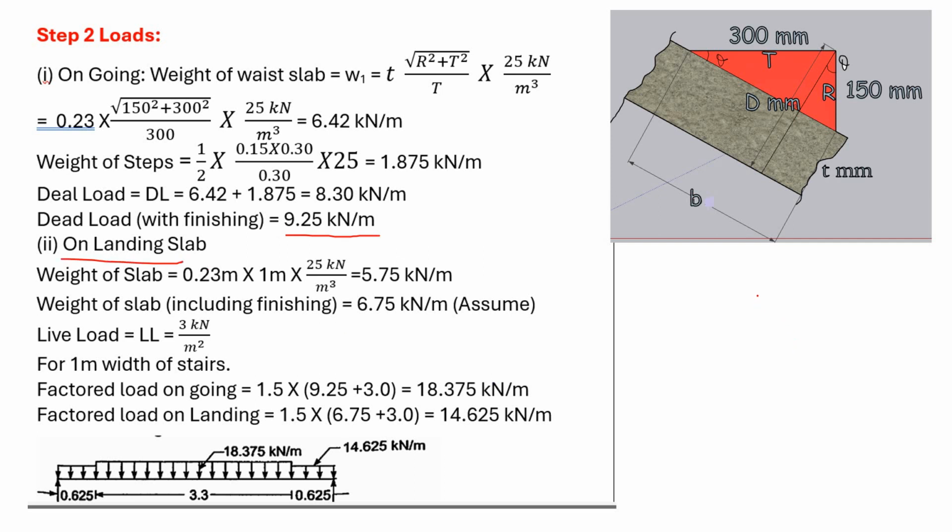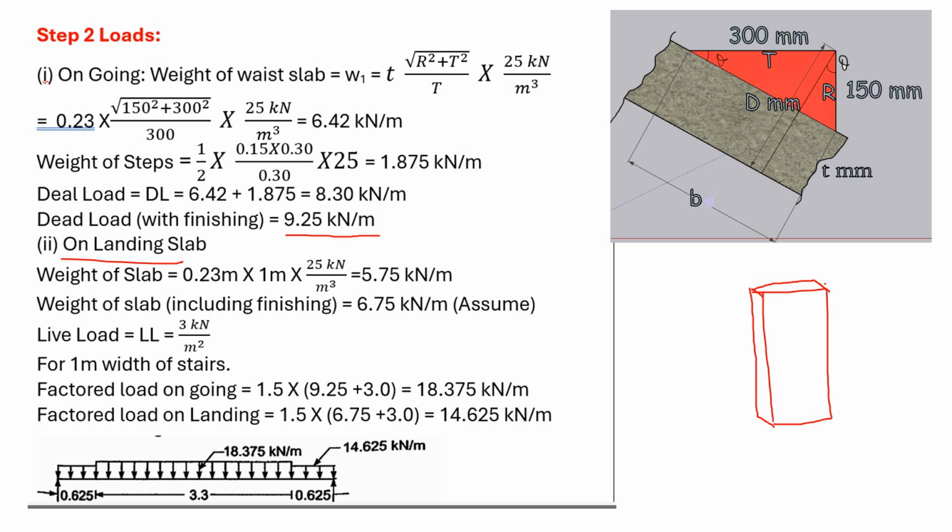So the landing slab is just like this. This is the landing slab, and here we have to calculate the weight of the slab. So how will we calculate the weight of the slab? If you draw the landing slab in 3 dimension, this is the landing slab.